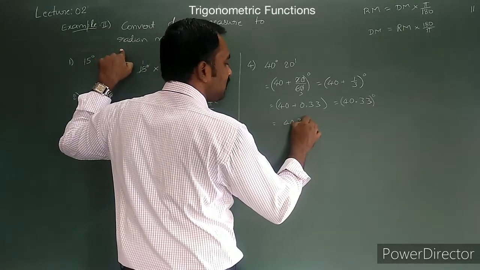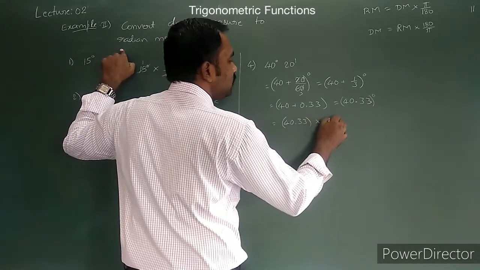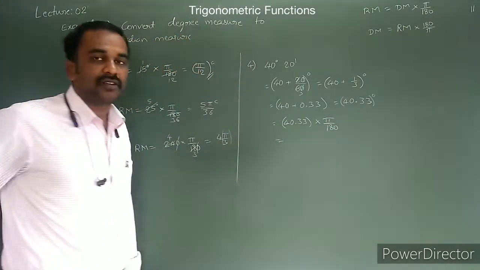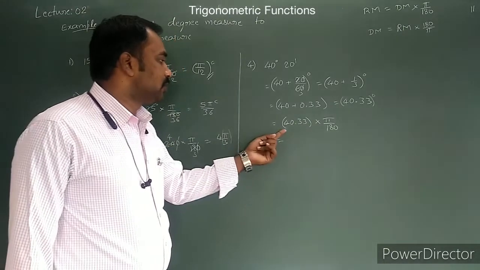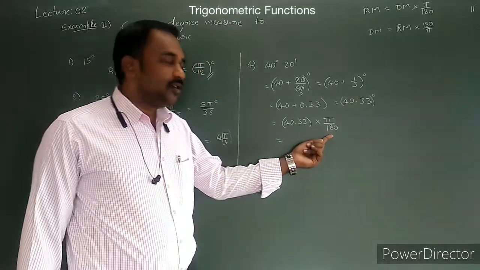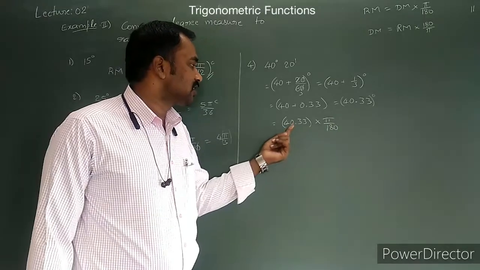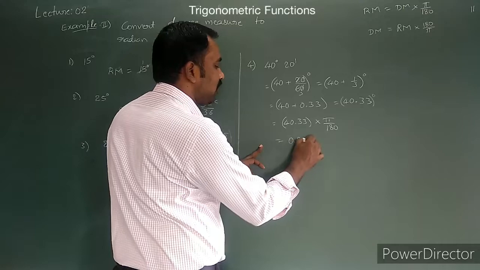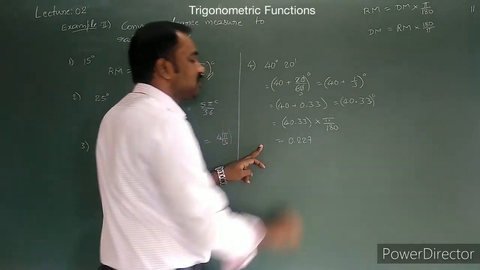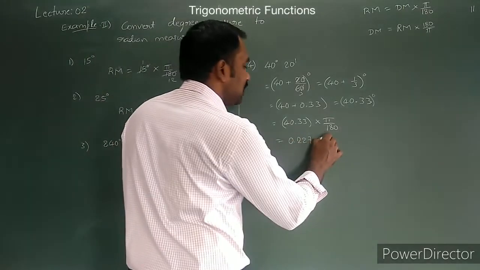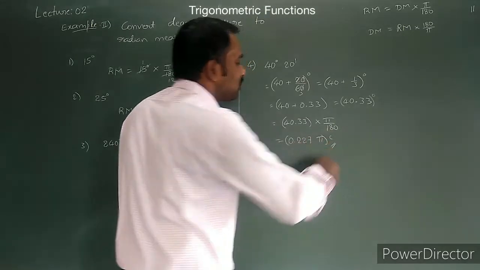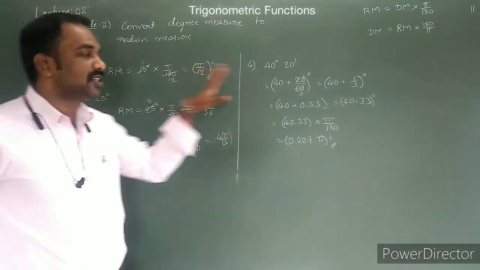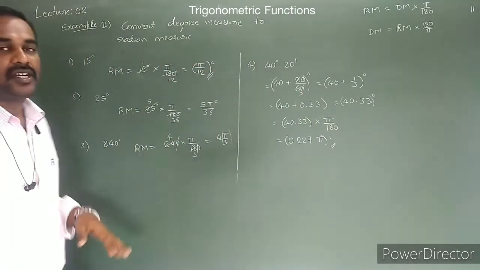So 40.33 into pi divided by 180. So what is the required radian measure? 40.33 divided by 180 into pi is that. So just simplify. 40.33 divided by 180 is 0.2207, as I said, 0.2207 into pi. This is in terms of radian. Okay. So this is how we have to convert degree measure to radian measure and radian measure to degree measure.